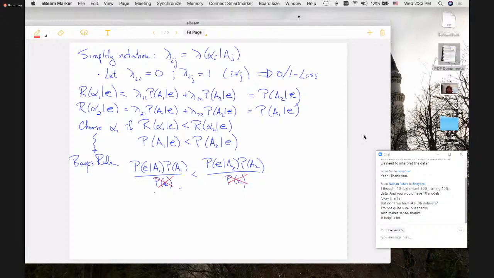So what I'm going to do is post a separate document that shows those missing steps, because in the process of doing all of this, what you're going to end up with is you're going to maximize the probability of A given the evidence, which can then be rewritten as the probability of the evidence given A times the probability of A. And where that comes out, and this is where I'm trying to figure out where I screwed up by skipping those steps, the inequality should have flipped.